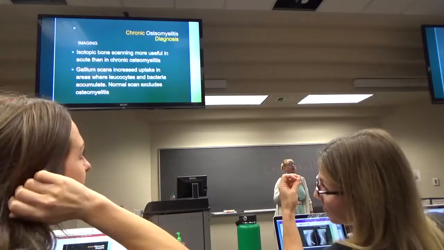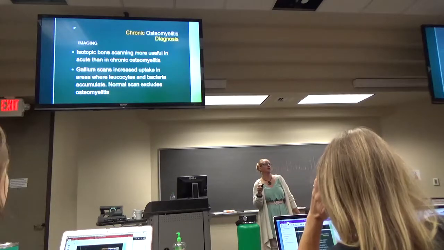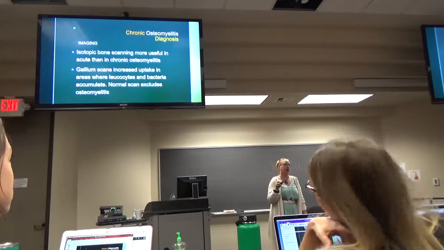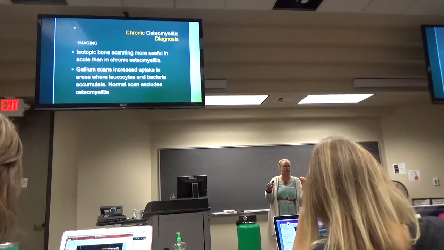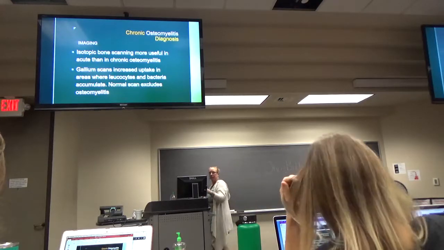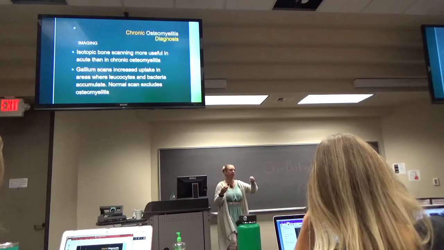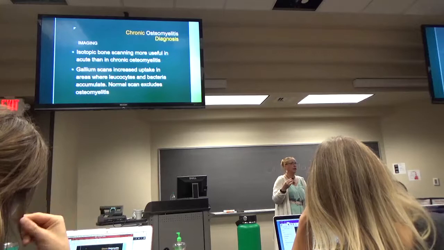All right. This is just telling you more about the imaging with the scans, isotopic versus non-isotopic. When you're talking about ionization, ionization indicates whether or not it's destroying the cells, and those are the radiations that are bad, like your CT. But your scintigraphy, which is non-ionizing, is not really destroying the cells.